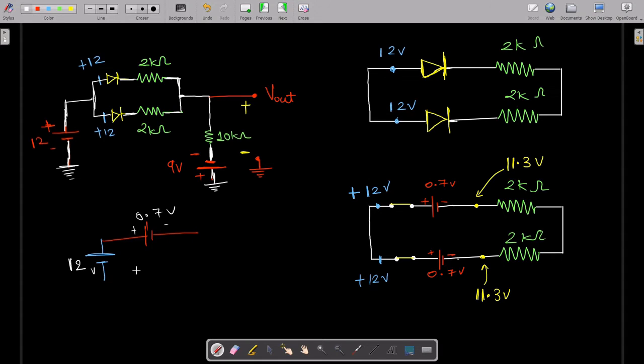Even with KVL, it would be 12 volts minus, if this is plus and this is minus, 12 volts minus 0.7 volts. Forget about the rest of the circuitry. If you subtract both of them, you end up getting 11.3 volts. That's why I wrote 11.3 volts here, because these two voltages, this one and this one, the diode voltage, are trying to oppose each other. Understanding my point? They oppose each other, so you end up getting 11.3 volts.